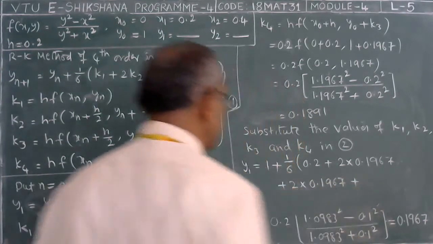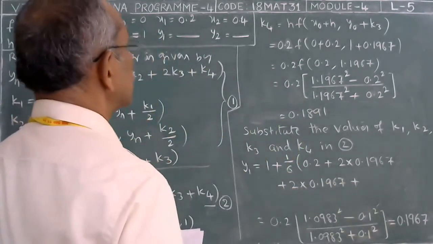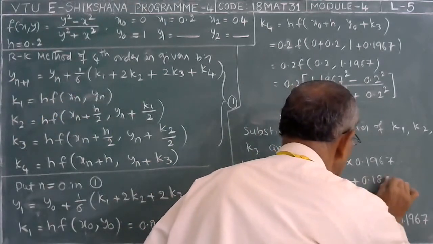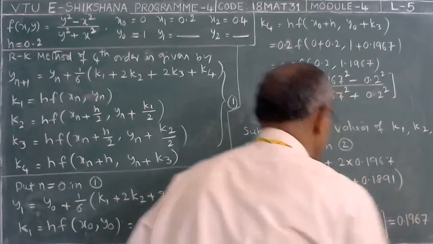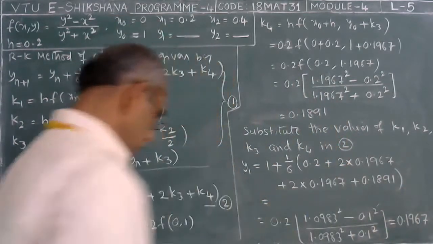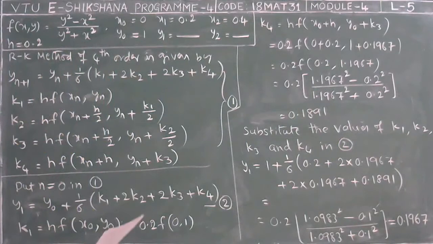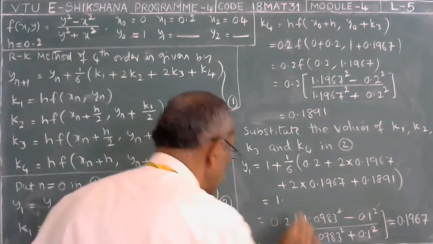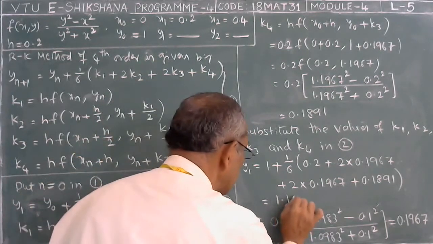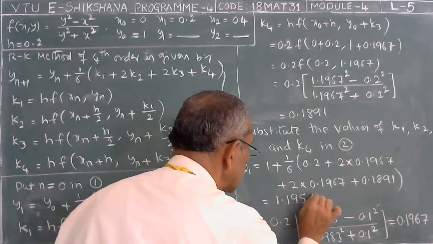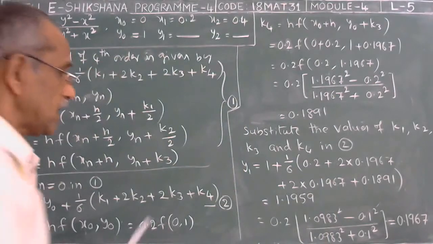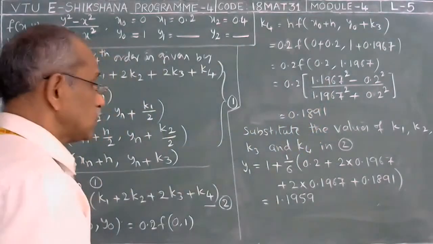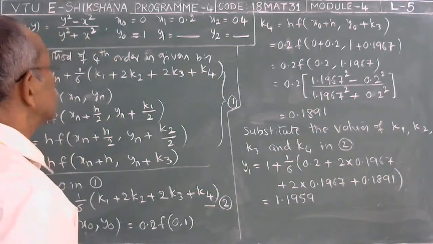0.1967 plus K4. K4 is 0.189. So if you carefully calculate this, you get y1 is equal to 1.195. So this is the value of y at x is equal to 0.2.